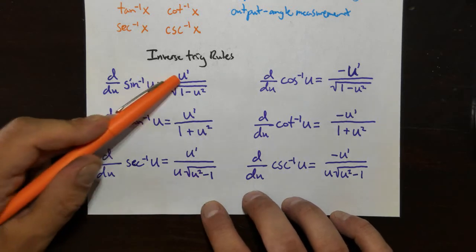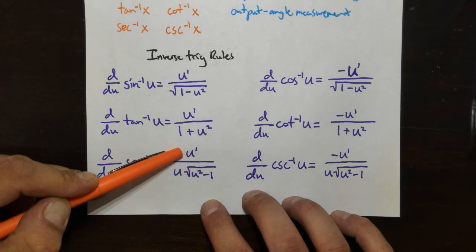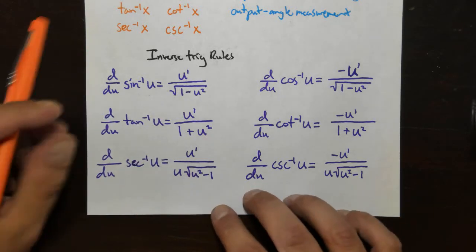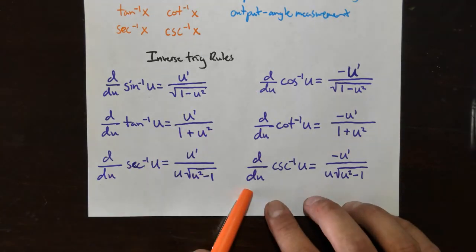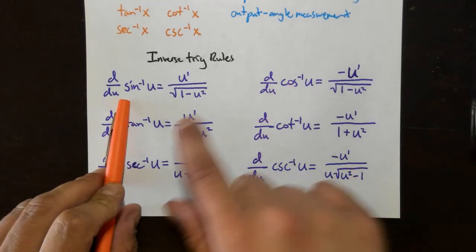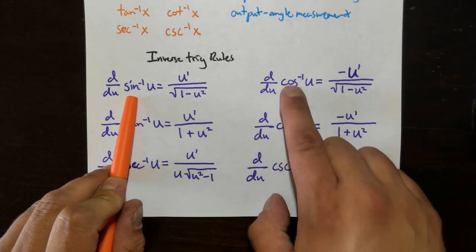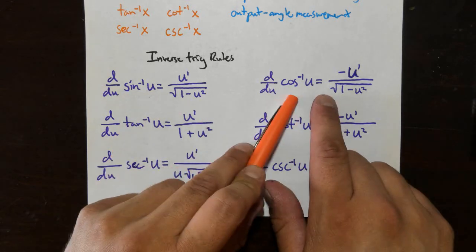And u prime, if you have forgotten, is just the derivative. So we will be having to take the derivative of whatever is inside. Now notice these on the right here. There's a relationship between them horizontally. The relationship between arc sine and arc cosine, or the derivative of each, is that cosine is just negative.